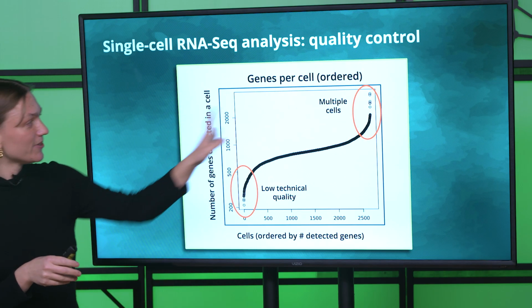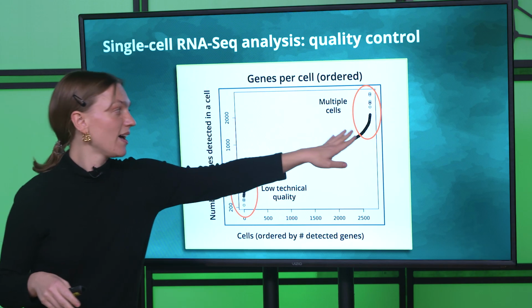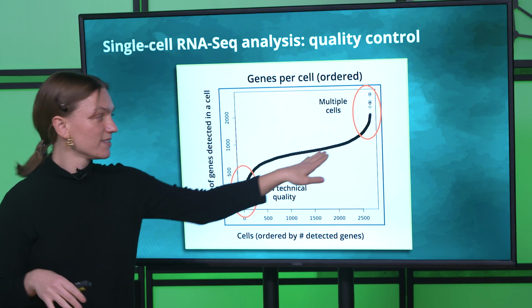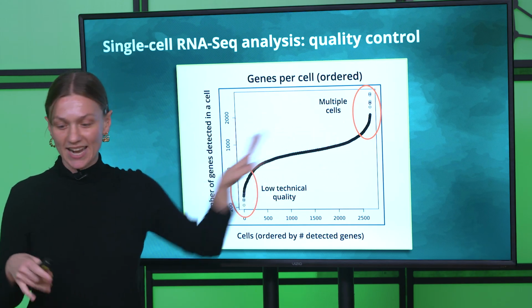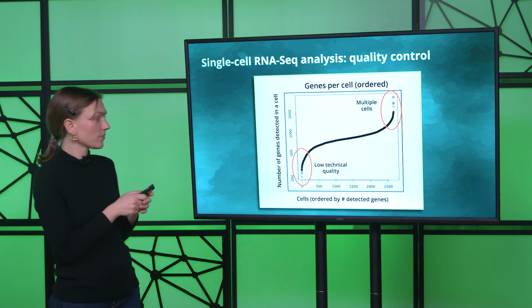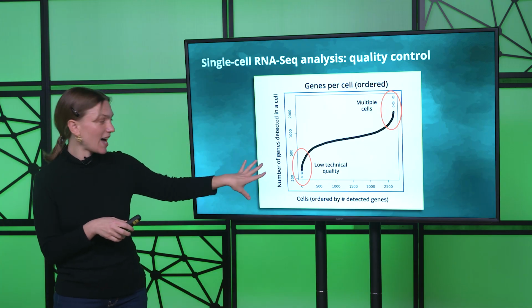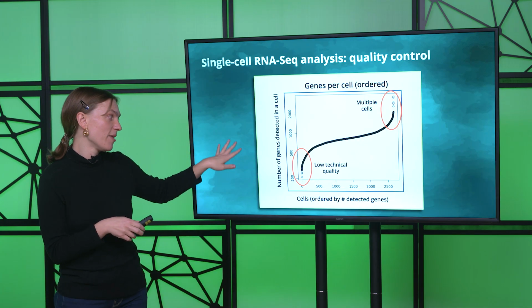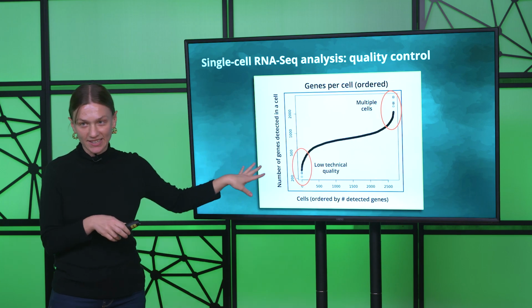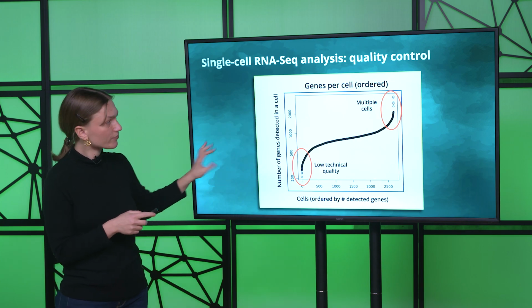So we remove these two ends, and we're left with these high-quality cells in the middle for our analysis. Okay, so this is how we deal with the low-quality cells in the data.